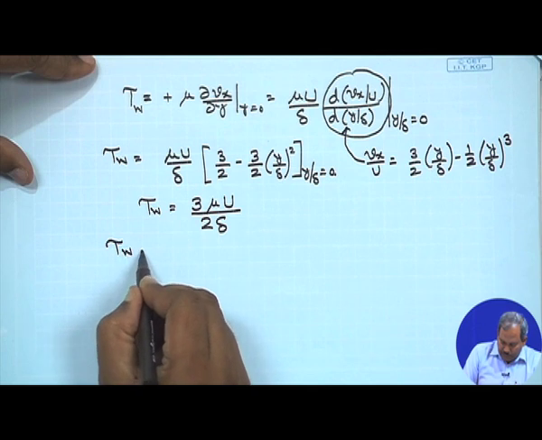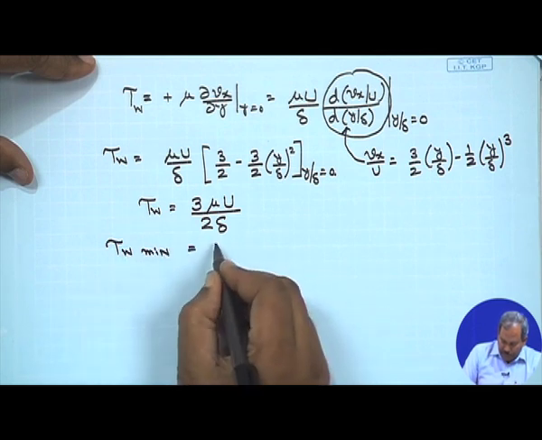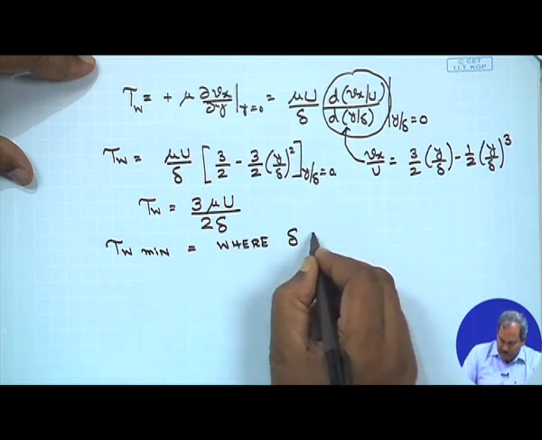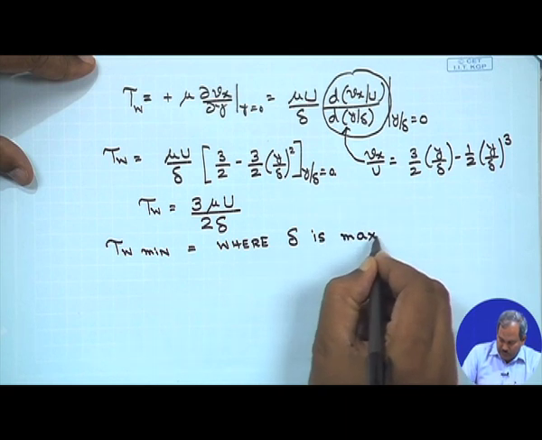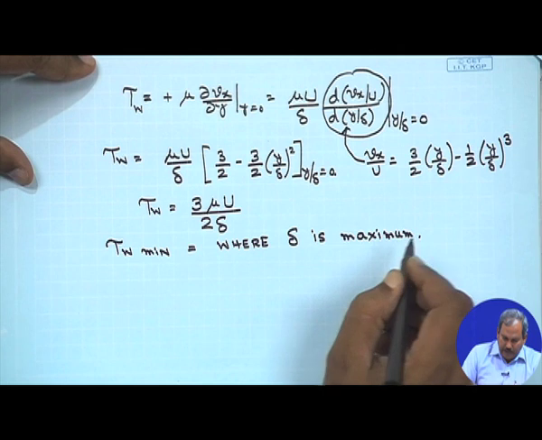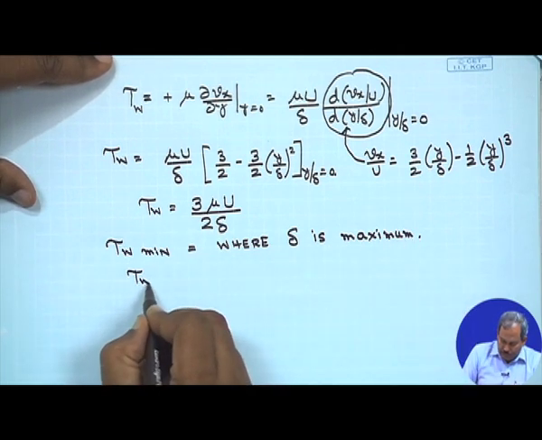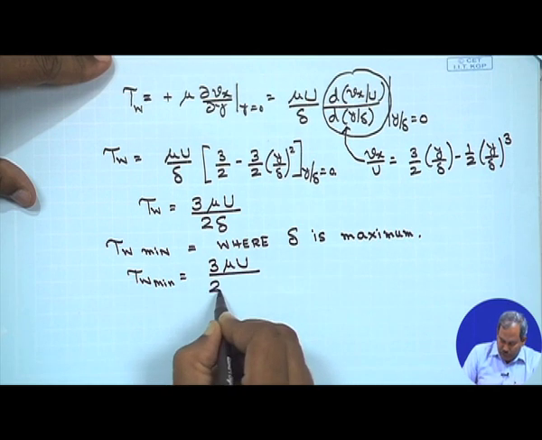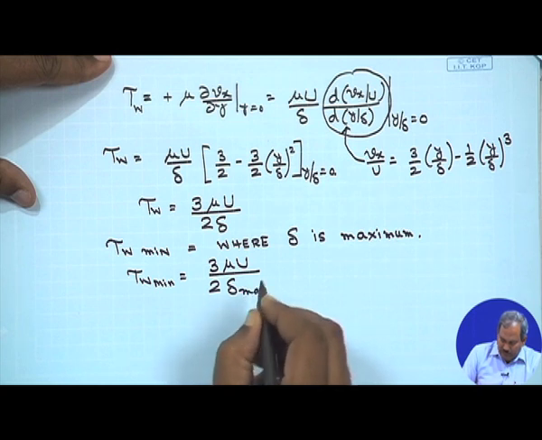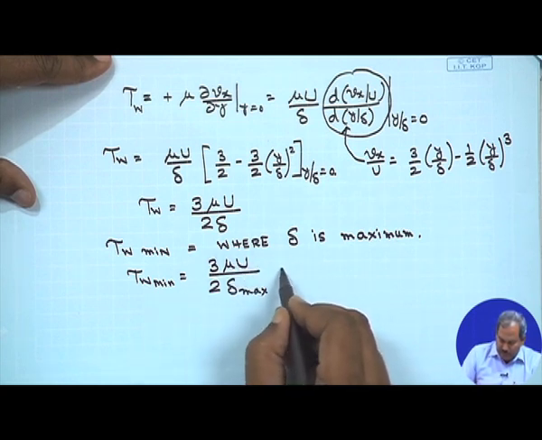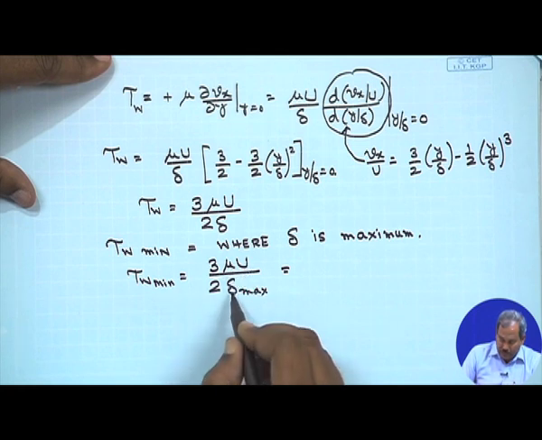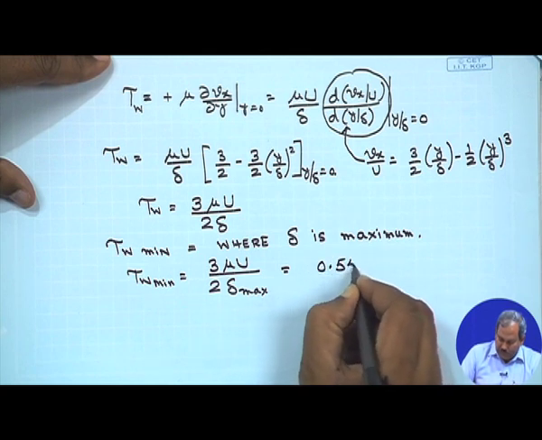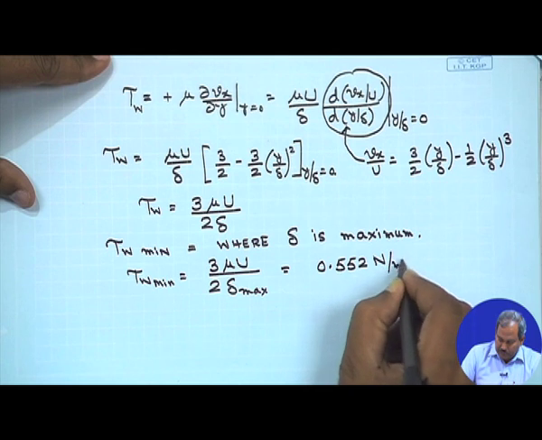So tau w minimum would be at a point where delta is maximum. Tau w minimum would be equal to 3 mu u by 2 delta max, and when you plug in the values of delta max, mu and u, the numerical value is 0.552 Newton per meter square.